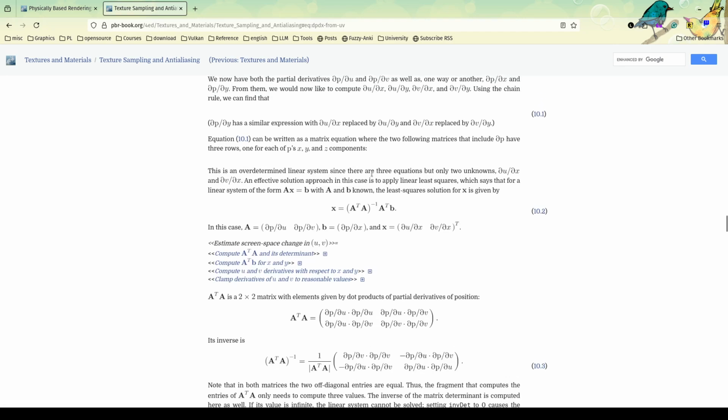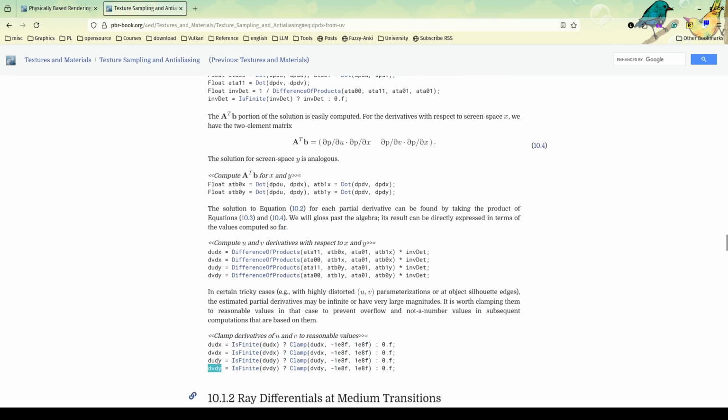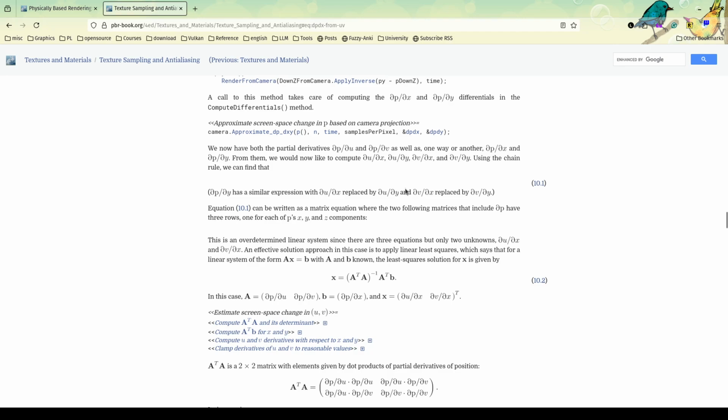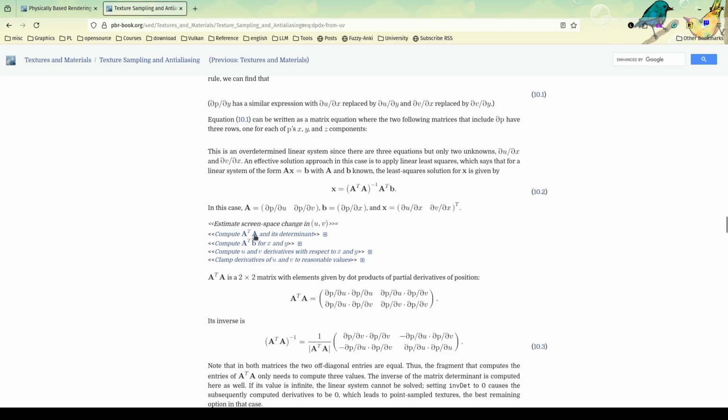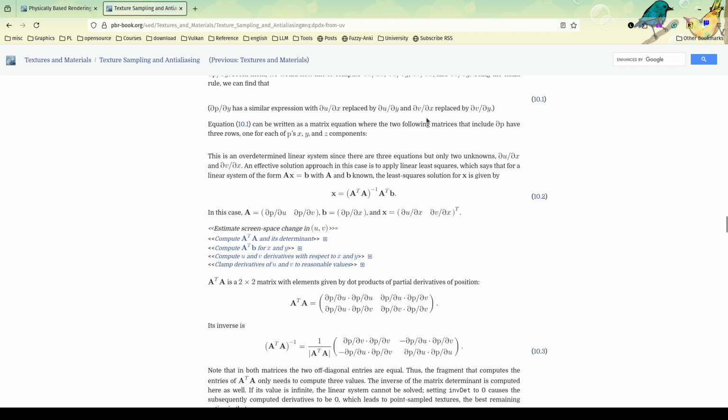Anyway, the last step is just to find those four from the previous information we already know, and they use a little bit of linear algebra, but unfortunately some part of the text is missing.